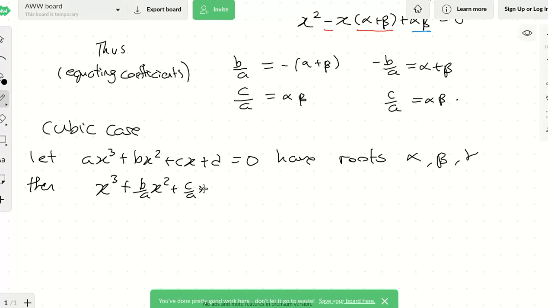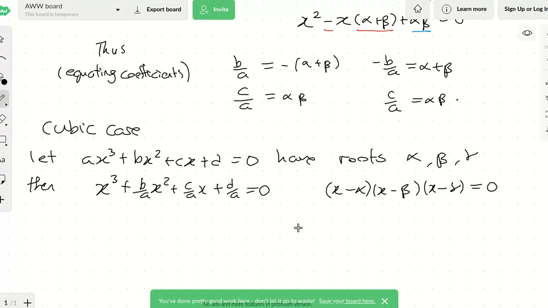This is essentially the argument. You could write it like that, having divided by whatever the coefficient of x cubed is, the whole expression. 0 divided by a is still 0. But if it's got the roots alpha, beta, gamma, then I could also write it in factorized form as x minus alpha times x minus beta times x minus gamma equals 0.